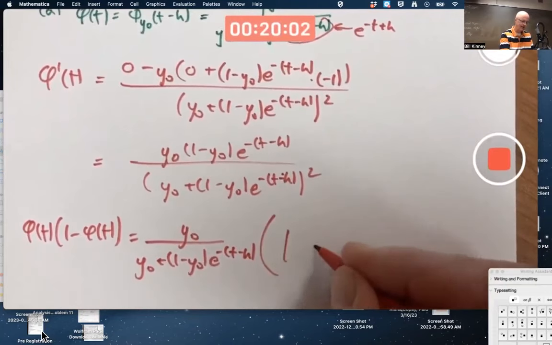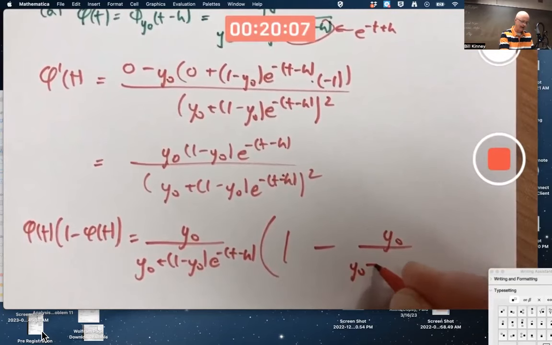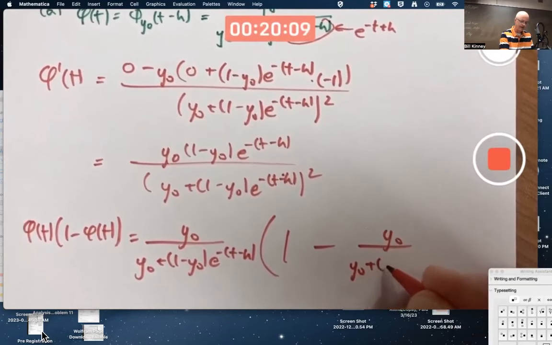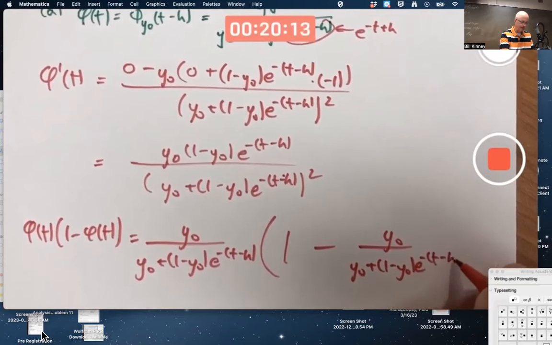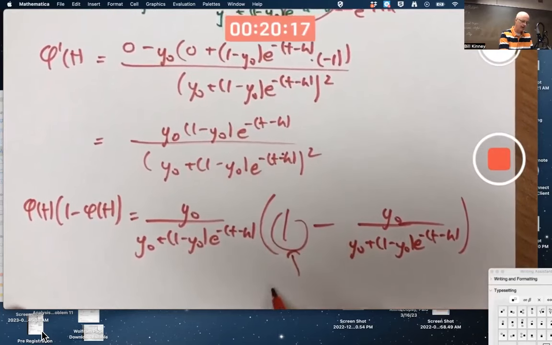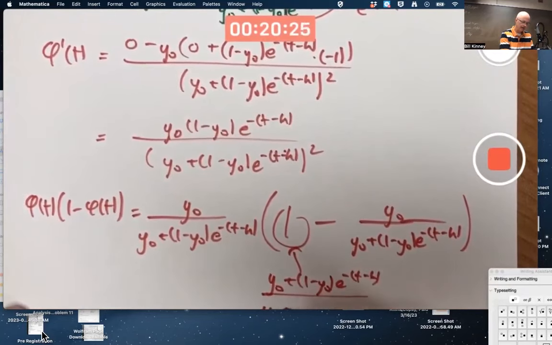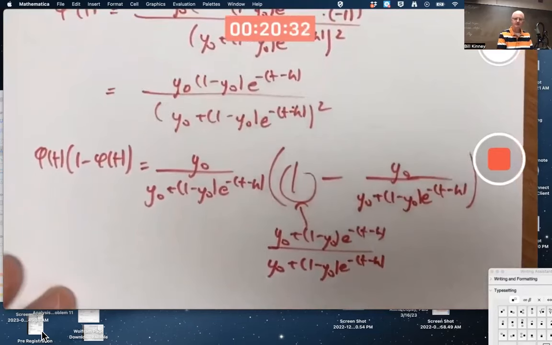Then I'm doing 1 minus the function in the parentheses here. And I'd want to get a common denominator equal to this crazy thing here. Replace the 1 with y naught plus 1 minus y naught e to the negative, in parentheses, t minus h over itself. And then subtract those fractions.